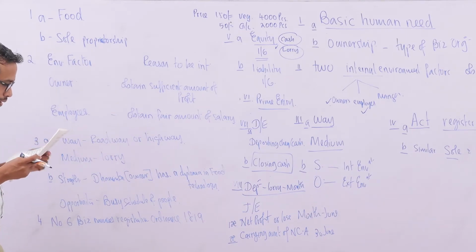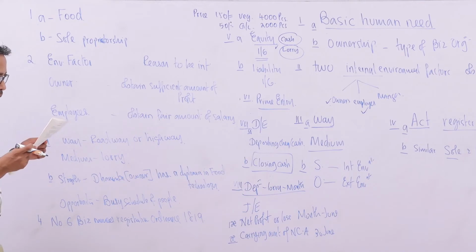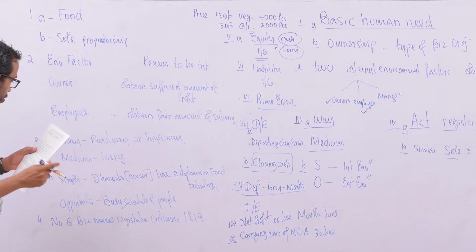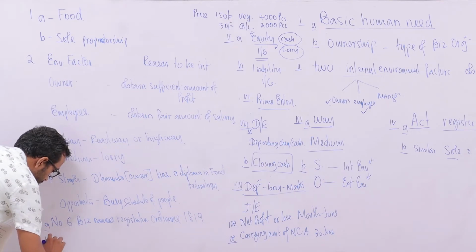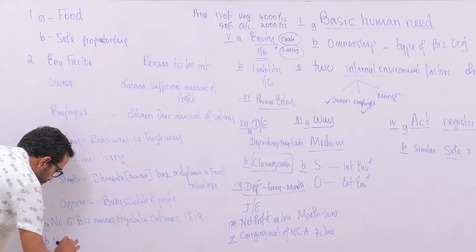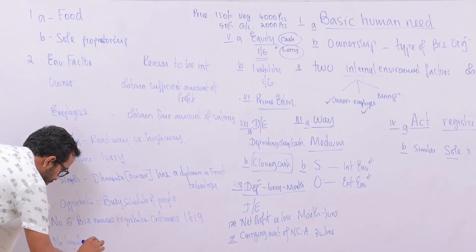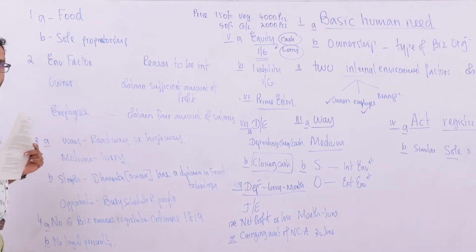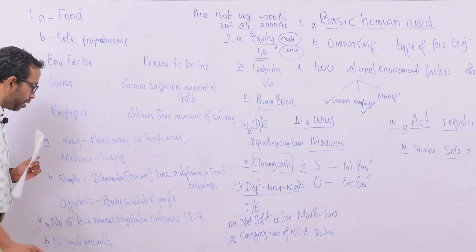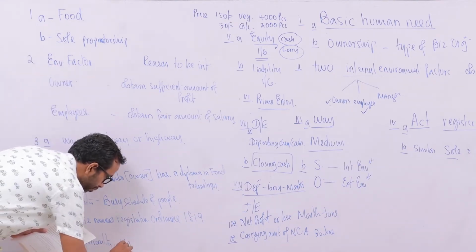Okay. Write 2 similar characteristics between sole proprietorship and partnership. No legal personality. Unlimited liability.